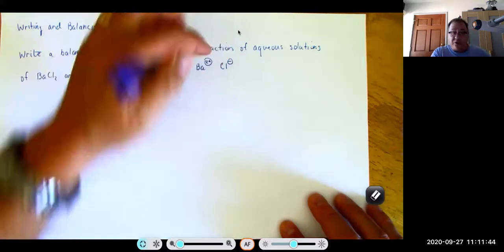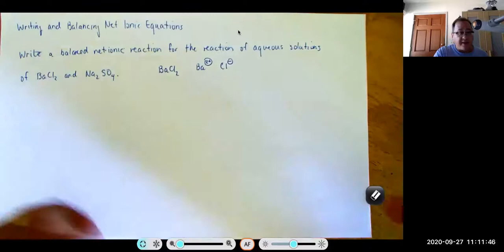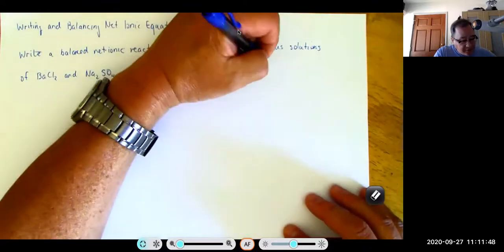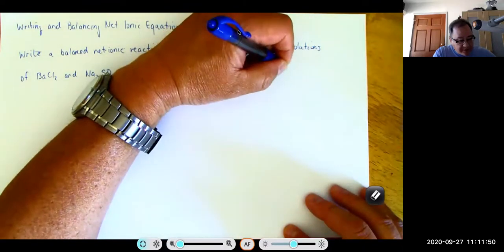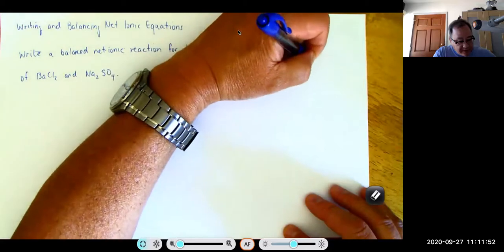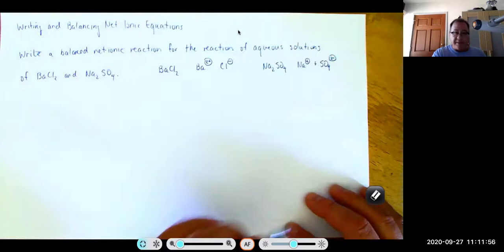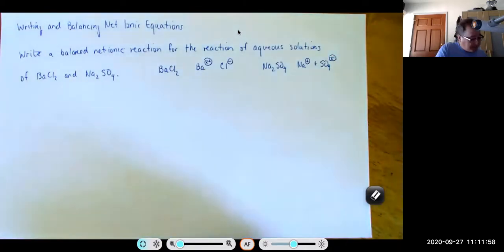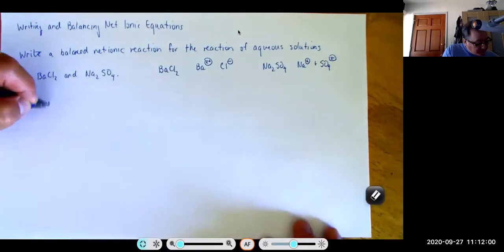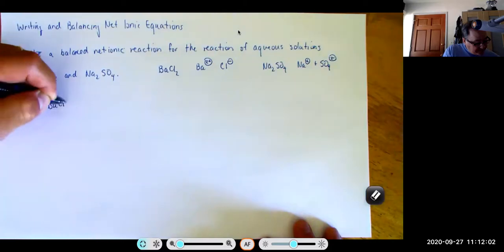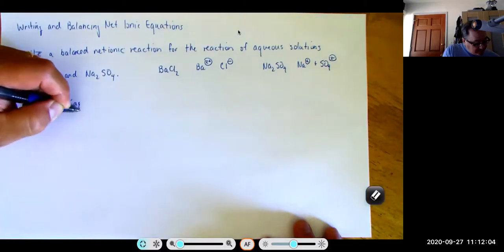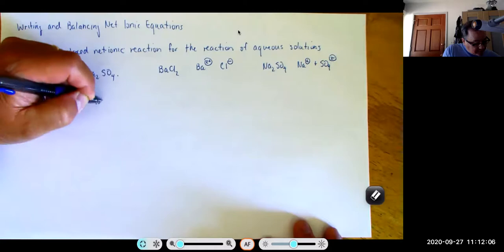I know that there's two chlorides, but I'm not worried about that for right now. And for sodium sulfate, I know that the ions are sodium ion and sulfate ion. Okay, I'm going to keep that in the back of my head when I'm doing this problem. So we have barium chloride plus sodium sulfate.